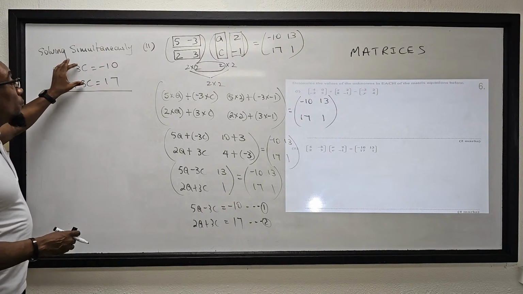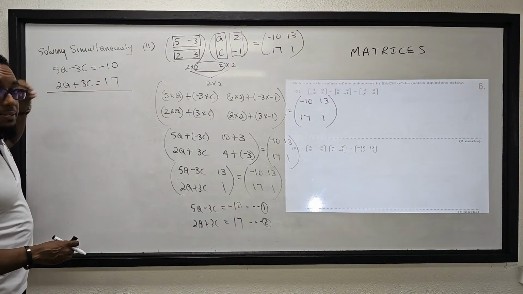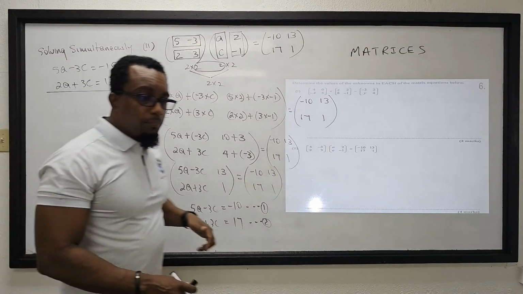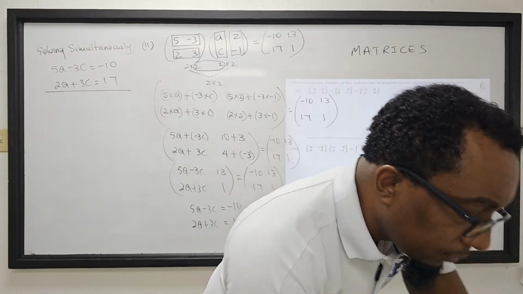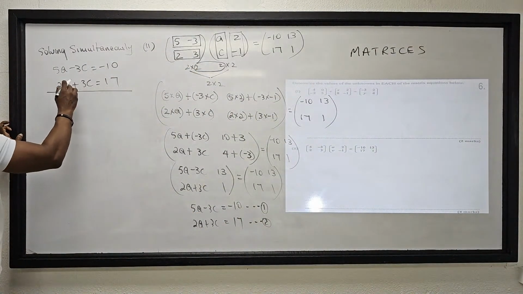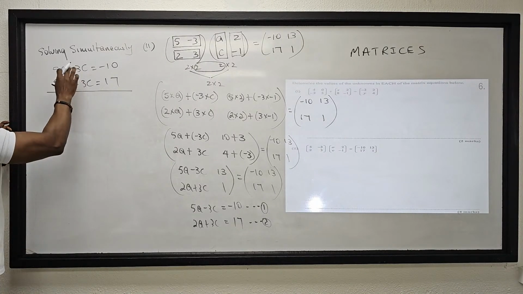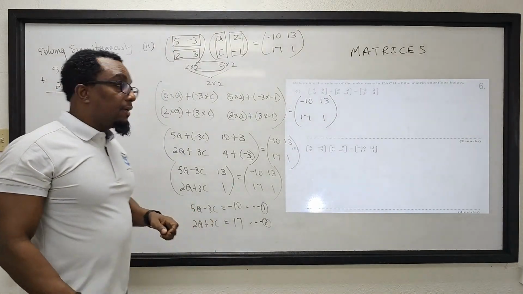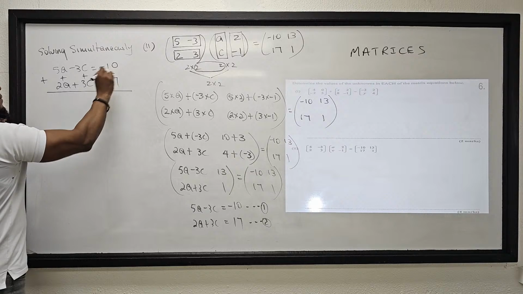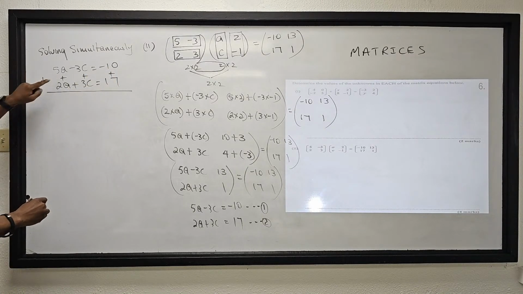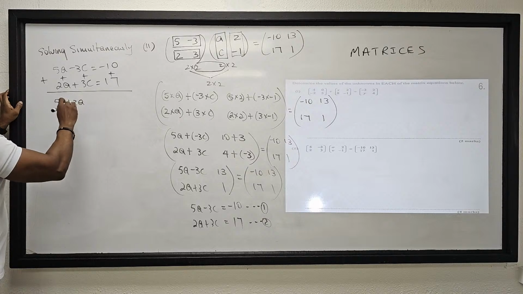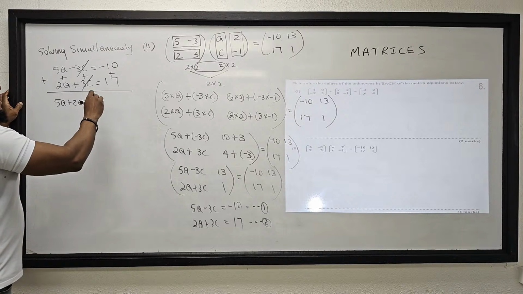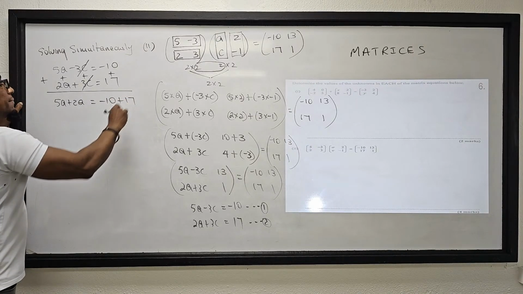Since the signs are different, we're going to add the two equations in order to eliminate C. So I'm going to add 5a plus 2a, negative 3c plus 3c is 0, and negative 10 plus 17.